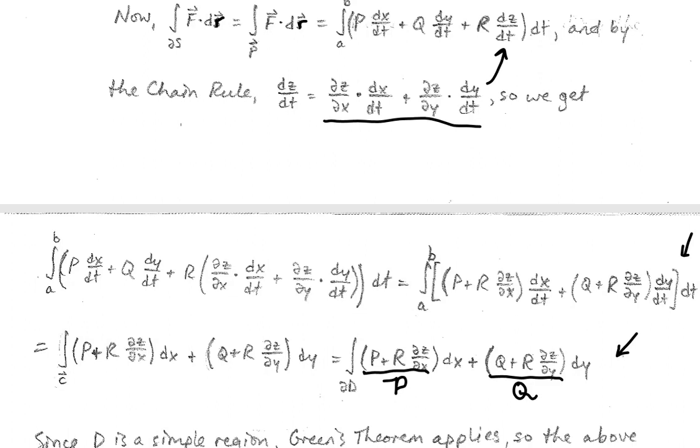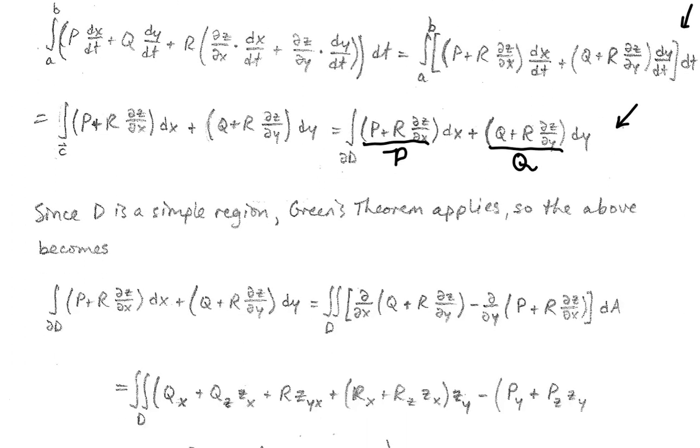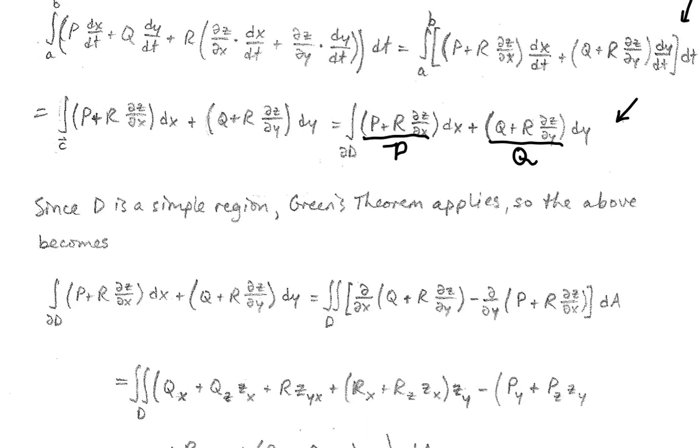That's what the circulation curl form of Green's theorem is saying. So when we apply this to this integral that we have here, we get the last part of our next line here.